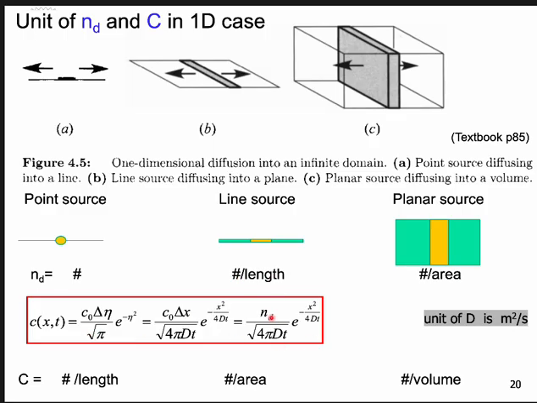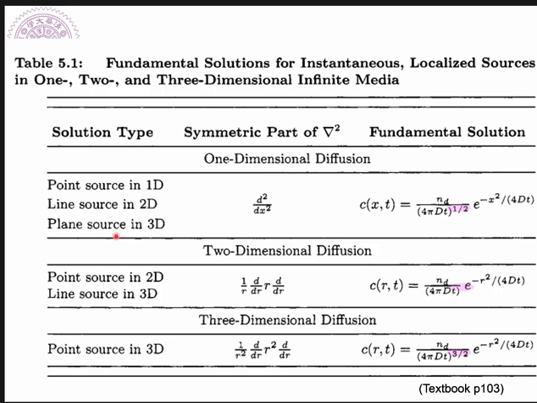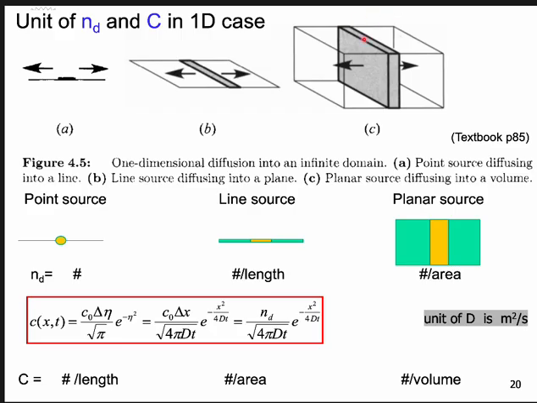And after you put this nd inside here, the unit for concentration will be the number of diffusing atoms per area. And this is the case we call a plane source in a three-dimensional matrix. We have a plane diffusion source and it diffuses into this three-dimensional matrix. If you try to plot the concentration profile, the main difference is along this x-axis, one-dimensional diffusion, so it's also called a one-dimensional diffusion case.